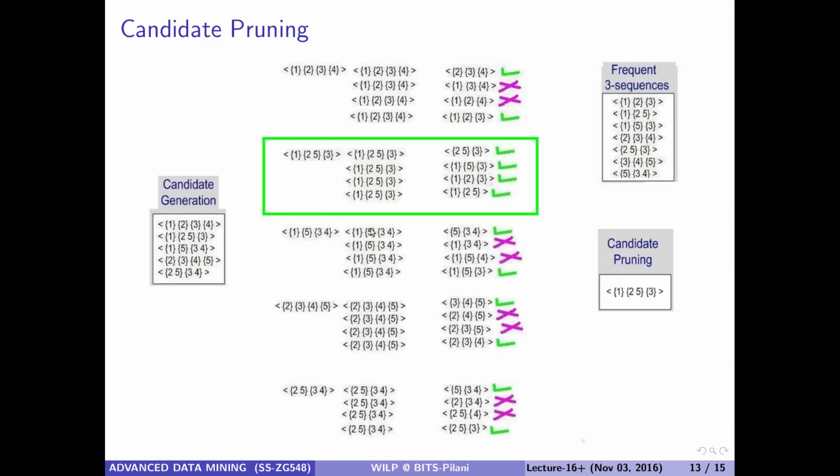So if I go like this, in all these possibilities I can see that there is only one sequence which has all its subsequences available, having support in the frequent 3-sequence, the k minus 1 candidate set. So we are going to prune all the others and only one is going to survive, and therefore candidate pruning gives me this result.